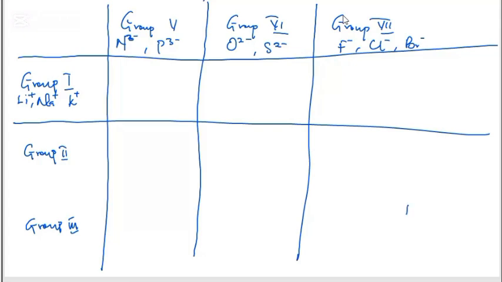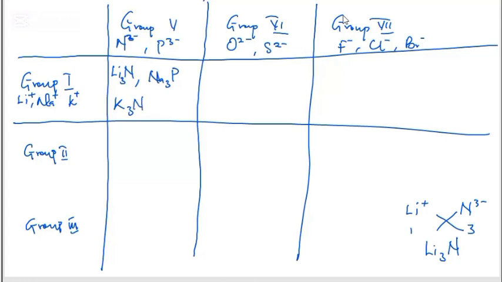We have lithium 1, while nitrogen is 3 minus. So if they react, we have lithium 3, nitrogen. Your compound formed will be lithium nitride. For the other one, sodium 3, phosphorus. Excellent. Then we can have potassium 3, nitrogen, and potassium 3, phosphorus.